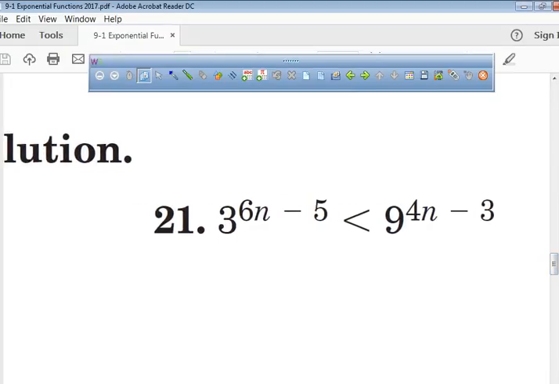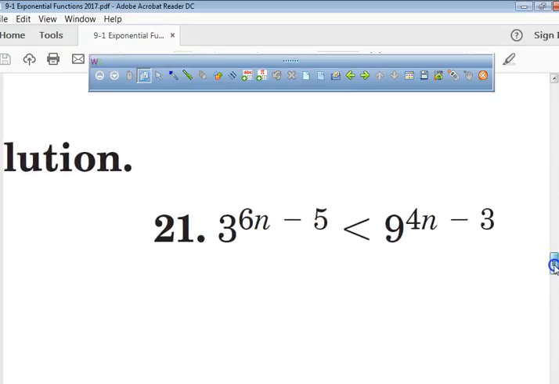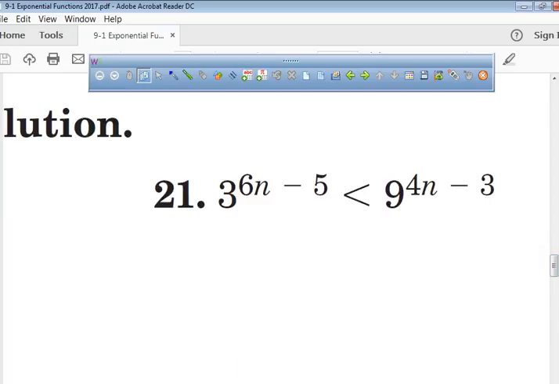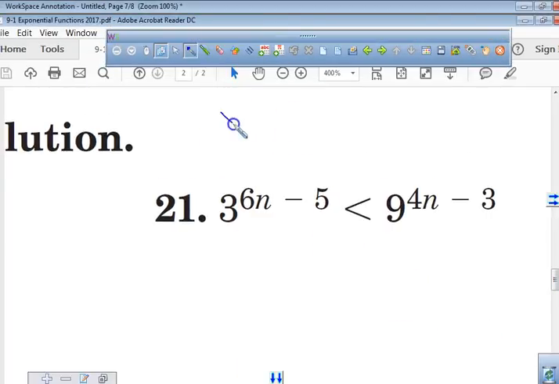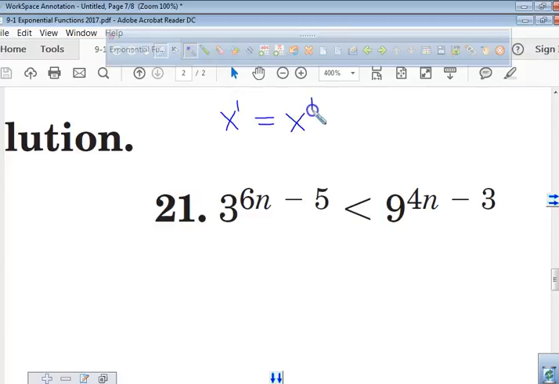All right. Like I said, this is where things get interesting. Would you please put problem number 21? We're going to do problem number 21 next. In order to solve these problems, we need to first go over a concept. We need to go over the concept that x is definitely equal to x. If I say x to the first, then this would have to be x to the first. If I say this is x to the 10th, this would also have to be x to the 10th.